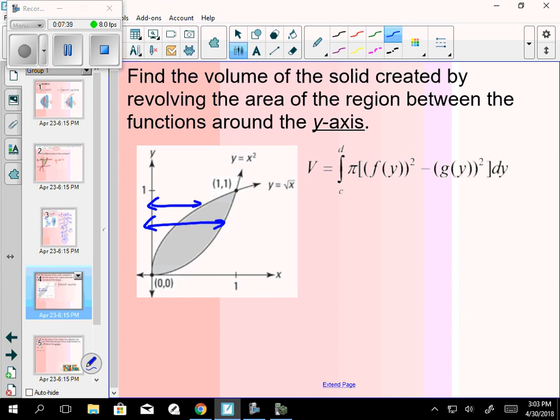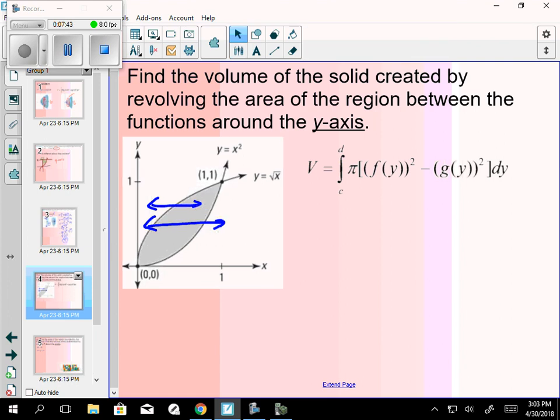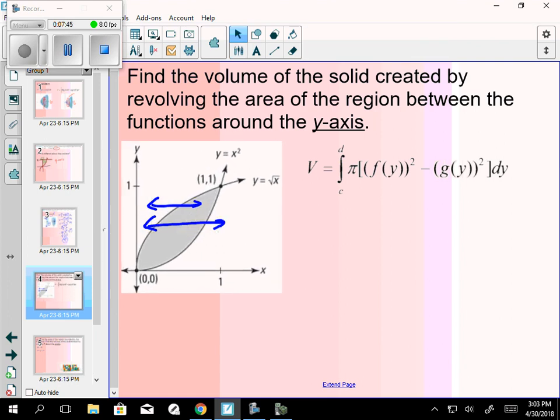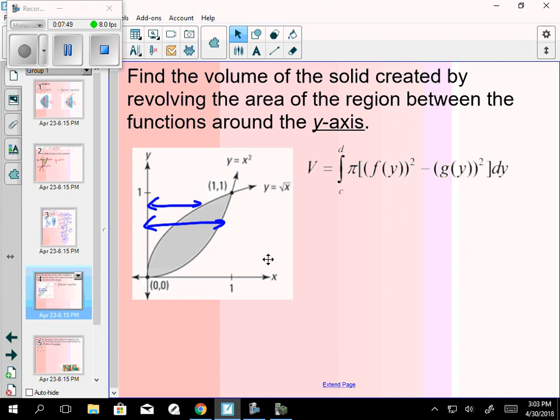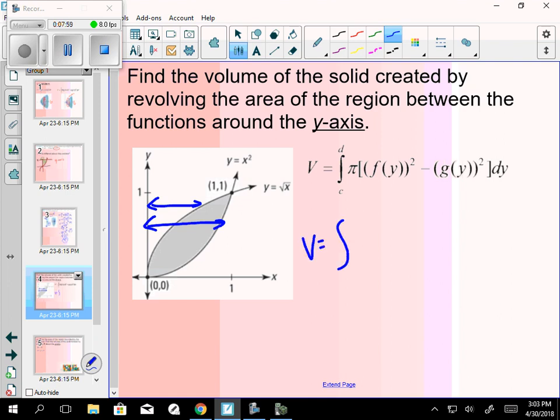So you still want to do top minus bottom, but when you're spinning this here, it ends up being the one on the right minus the one on the left. All right, so to solve this one, our volume is going to be from 0, because that's the lowest spot here, to 1, because we're going along the y-axis.